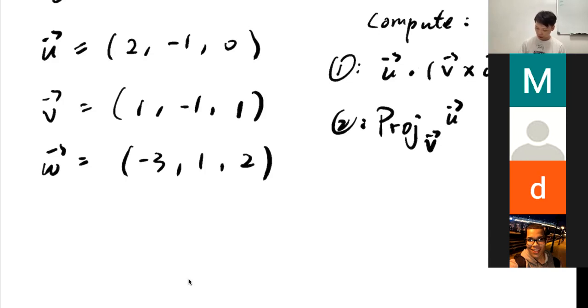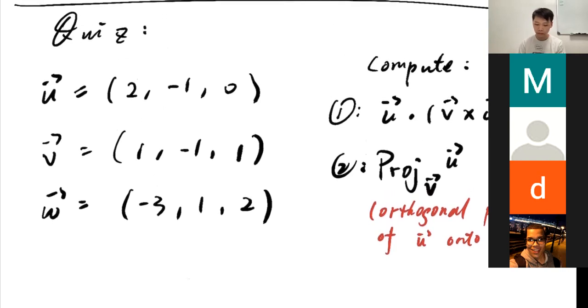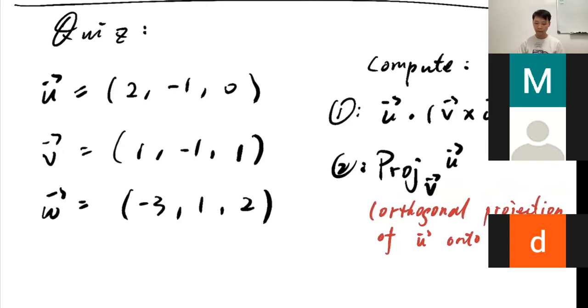So this is the orthogonal projection of u onto v. This is a quiz. Yes, no, maybe so.